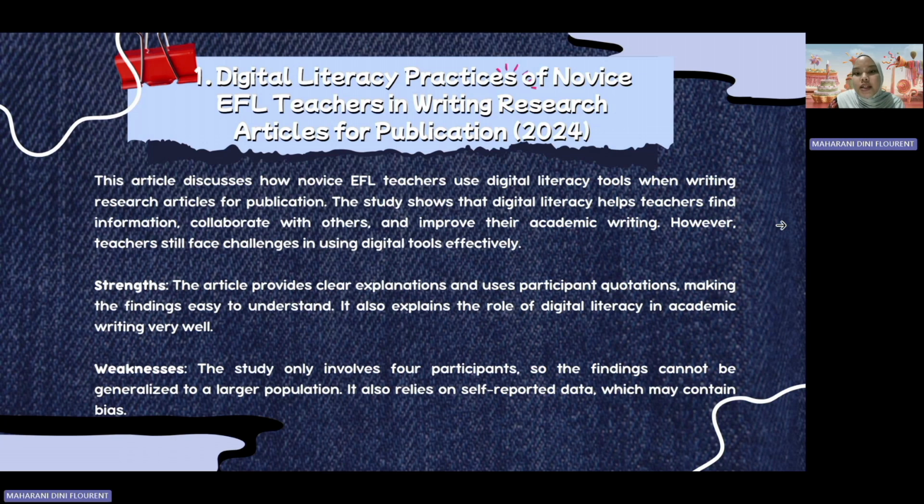The strength of this article is that it provides clear explanations and includes quotations from participants, which help readers understand the findings easily. In addition, the article explains the importance of digital literacy in academic writing very clearly.